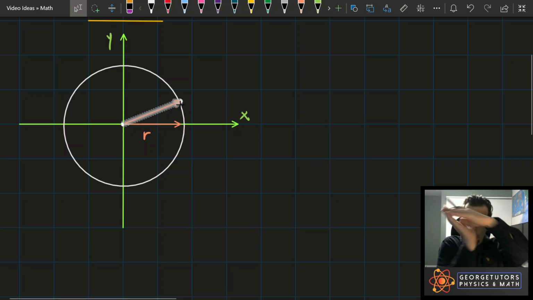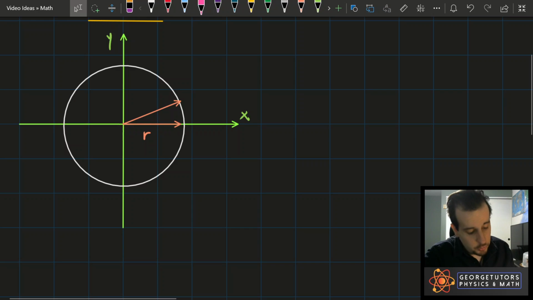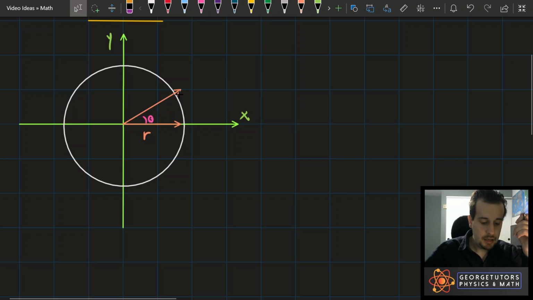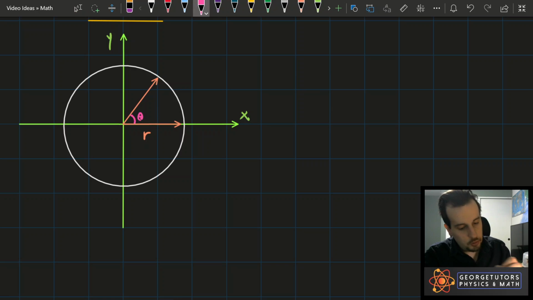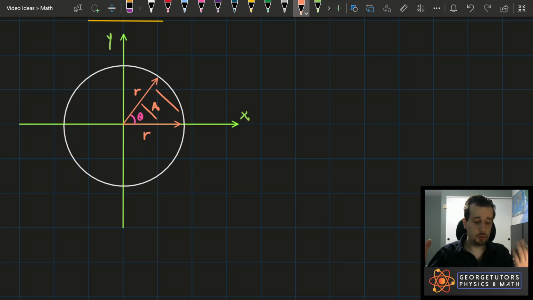As we open it up, we have an opening angle, theta, that is growing. We create an area segment whose area we can talk about. This is the opening angle, and this is the area we're talking about. And this is still r, because this is the original r vector just moving around the circle.